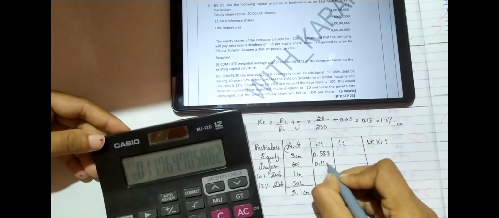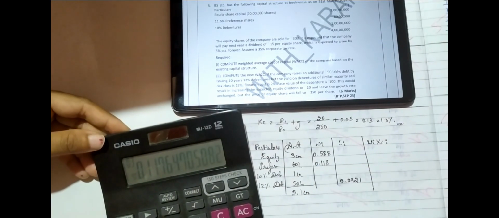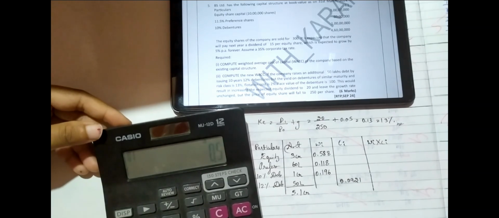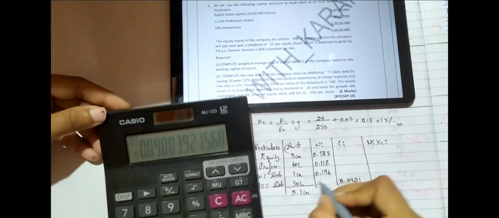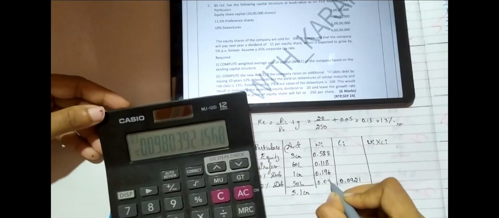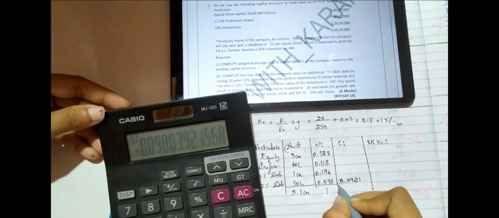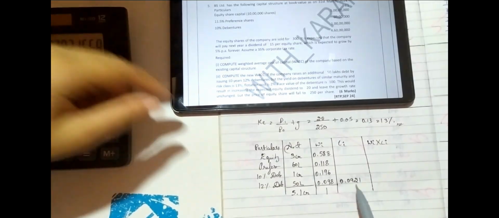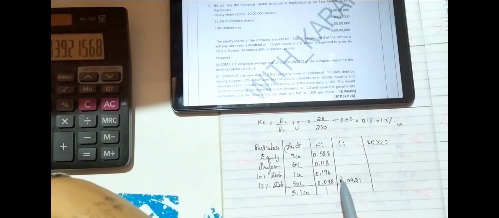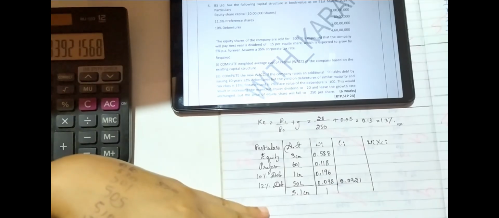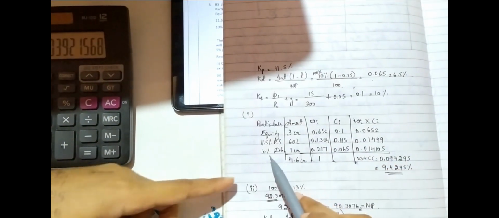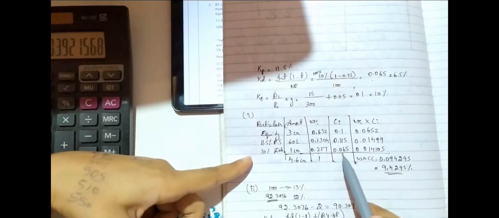So 0.118 and 1 divided by 5.1, 0.196, and 0.5 divided by 5.1, so this is 0.098. So that would add up to 1. And we have already calculated the KD of the new 12% debentures, it is 0.0921, and for the old 10% debentures the KD we have also already calculated, it is 0.065.